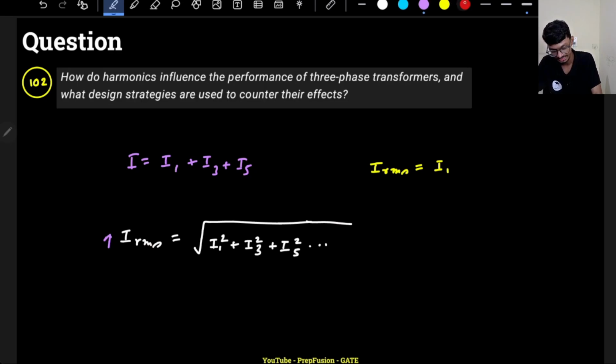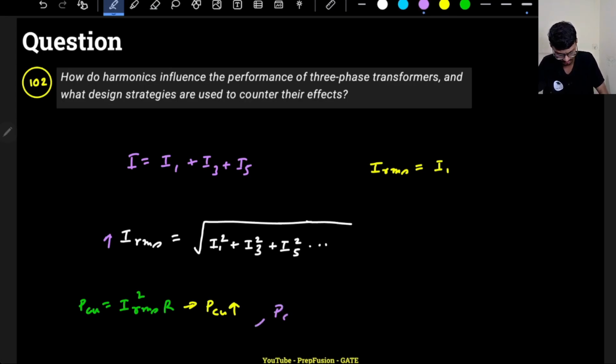So if your IRMS has increased, that means your losses will increase. What are the copper losses? Copper losses is simply IRMS whole square into R. Correct. So if IRMS whole square into R has increased, your copper losses PCU will increase. Again, core loss also will increase, right?